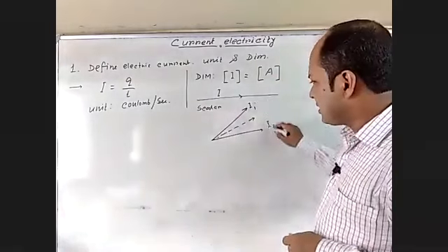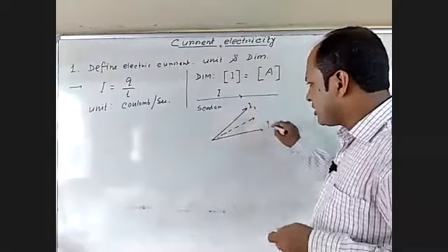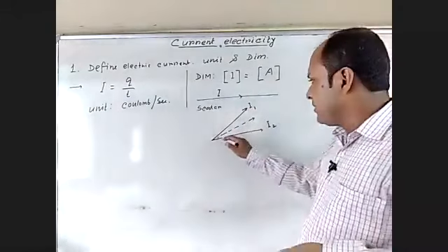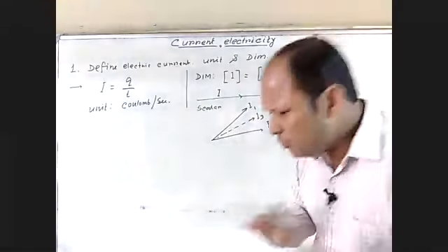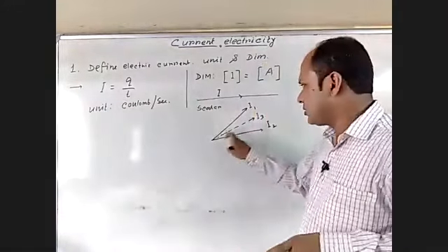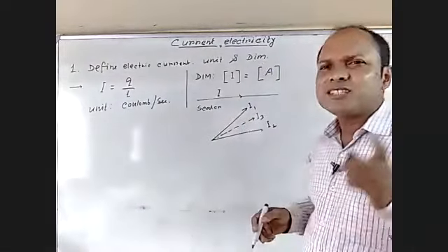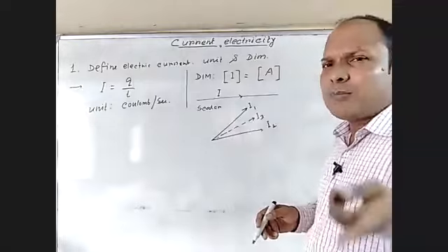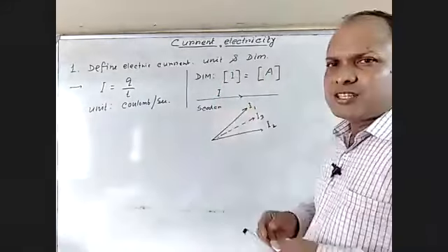If we consider that the resultant of I1 and I2 is I3, there is actually no current along the third direction. That's why it is not obeying. We are not able to calculate the resultant of two currents.